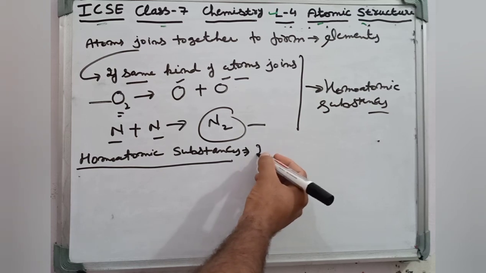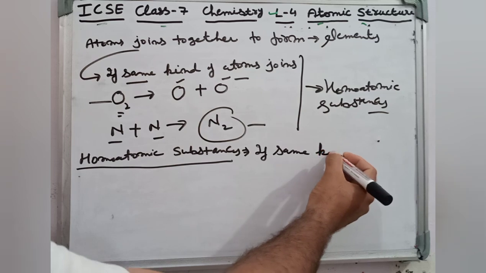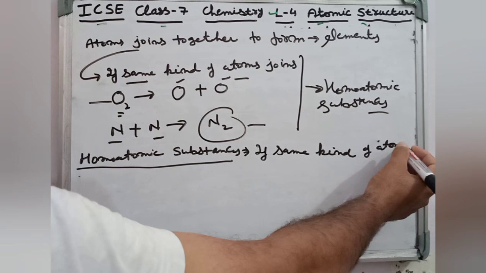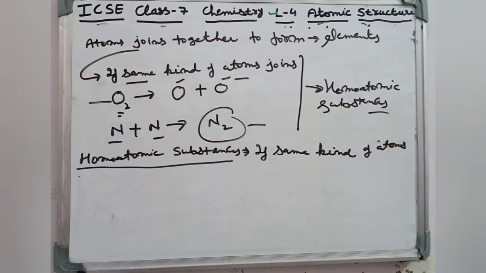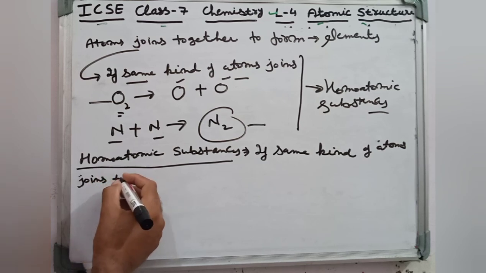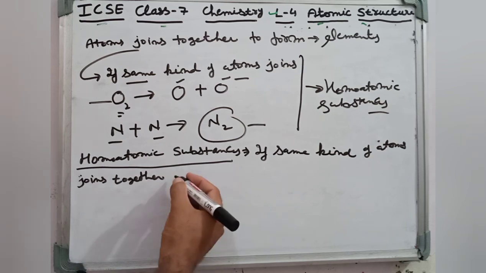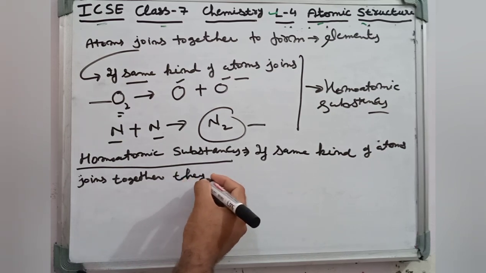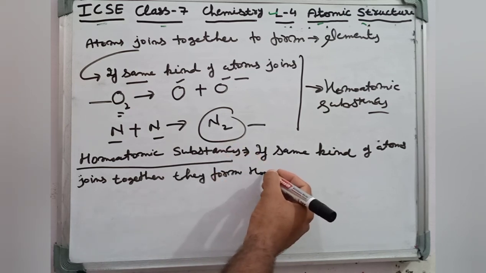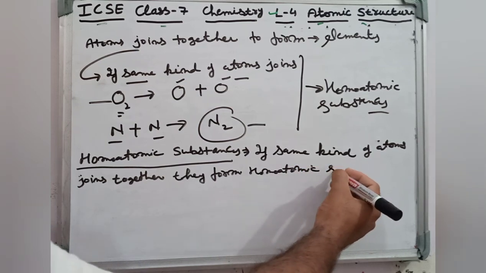If same kind of atoms join together, they form homoatomic substances.